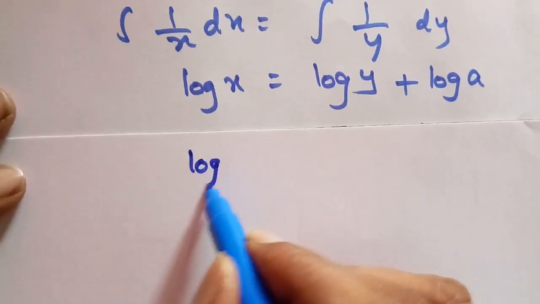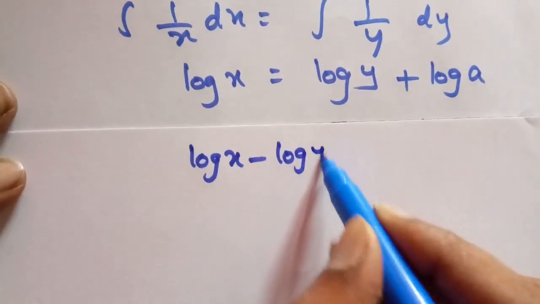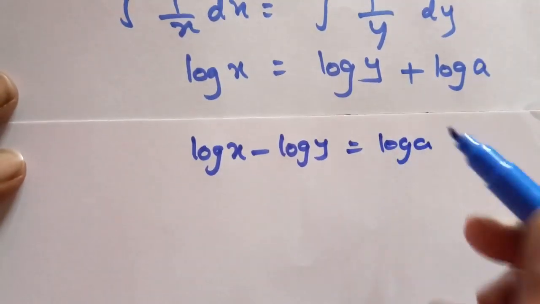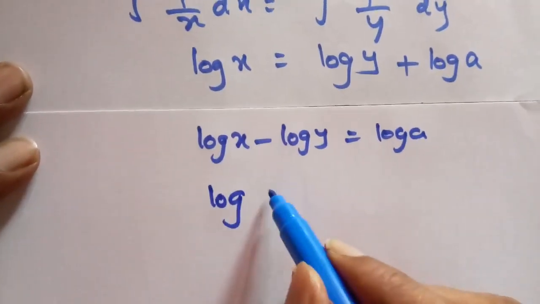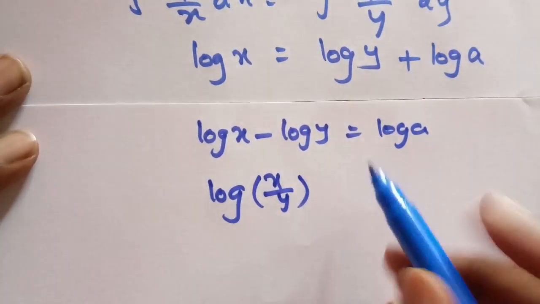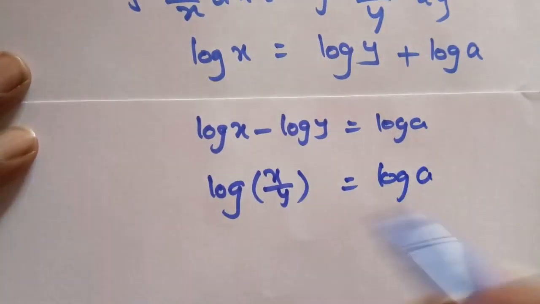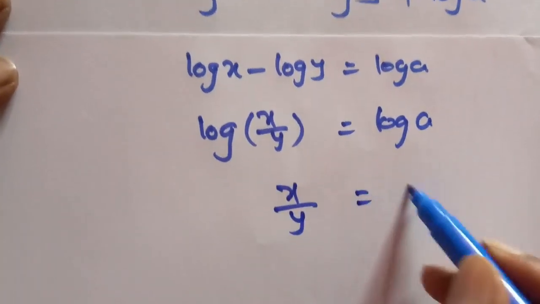It can be written as log x minus log y is equal to log a. As in the previous problem, we apply the same formulas. Log of x by y is equal to log a. Again x by y is equal to a.